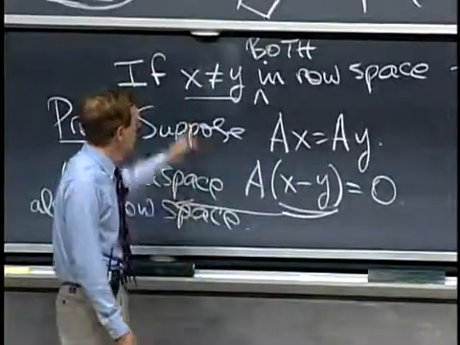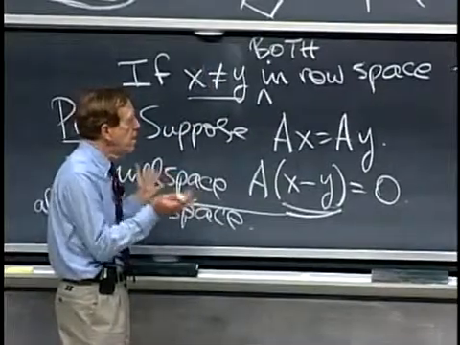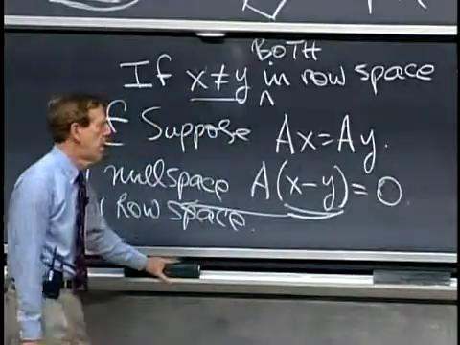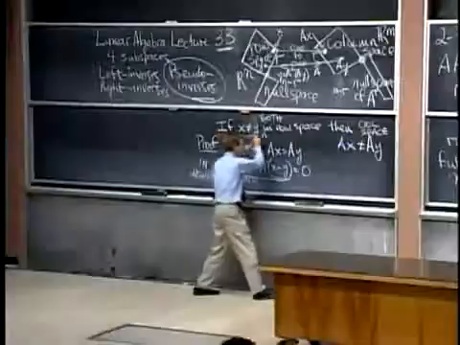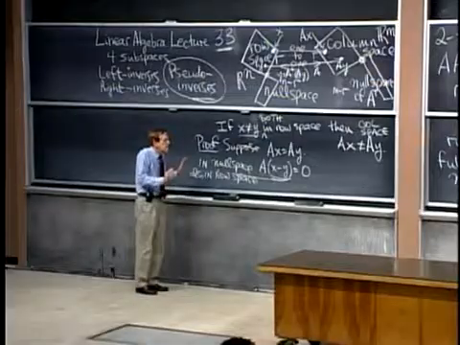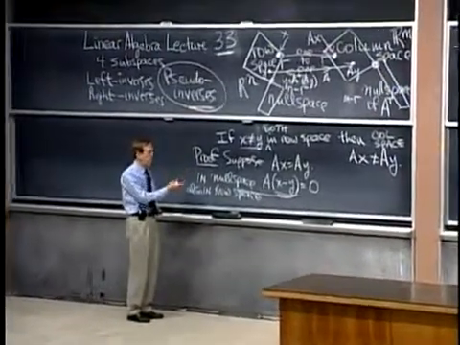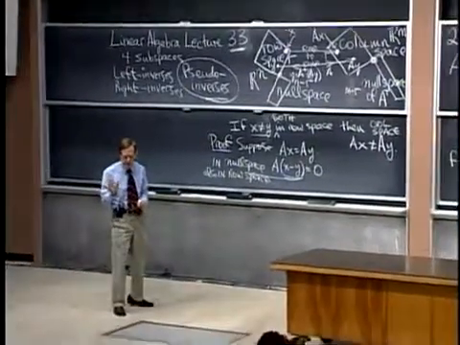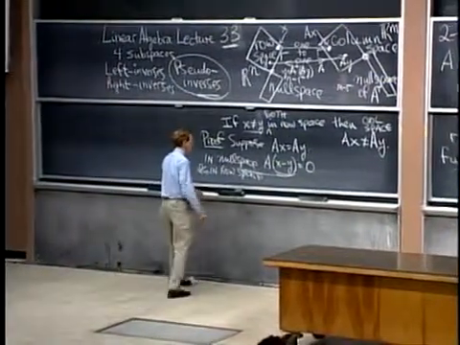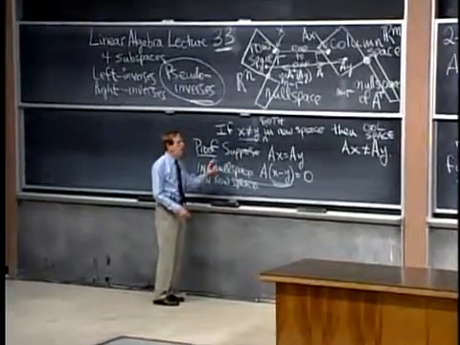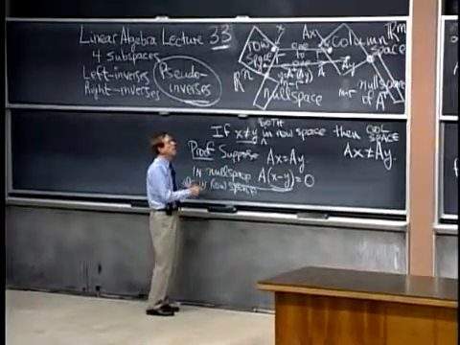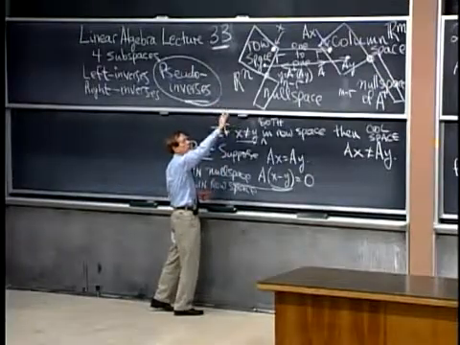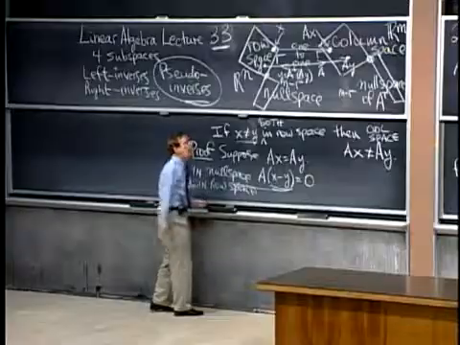X was y. So in other words, if I start from two different vectors, I get two different vectors. If these vectors are the same, then those vectors had to be the same. That's like the algebra proof, which we understand completely because we really understand these subspaces, of what I said in words, that a matrix A is really a nice invertible mapping from row space to column space.